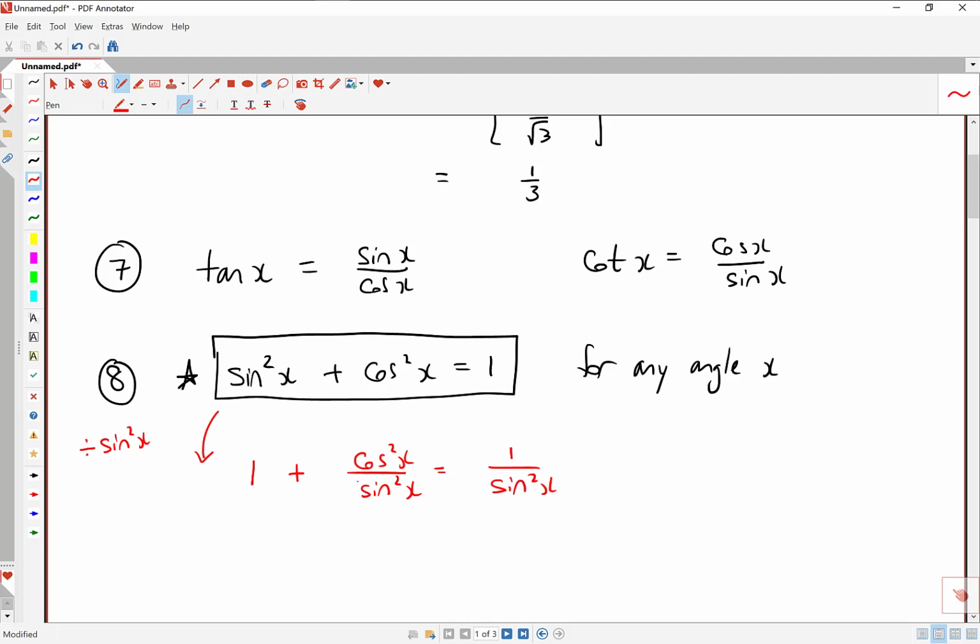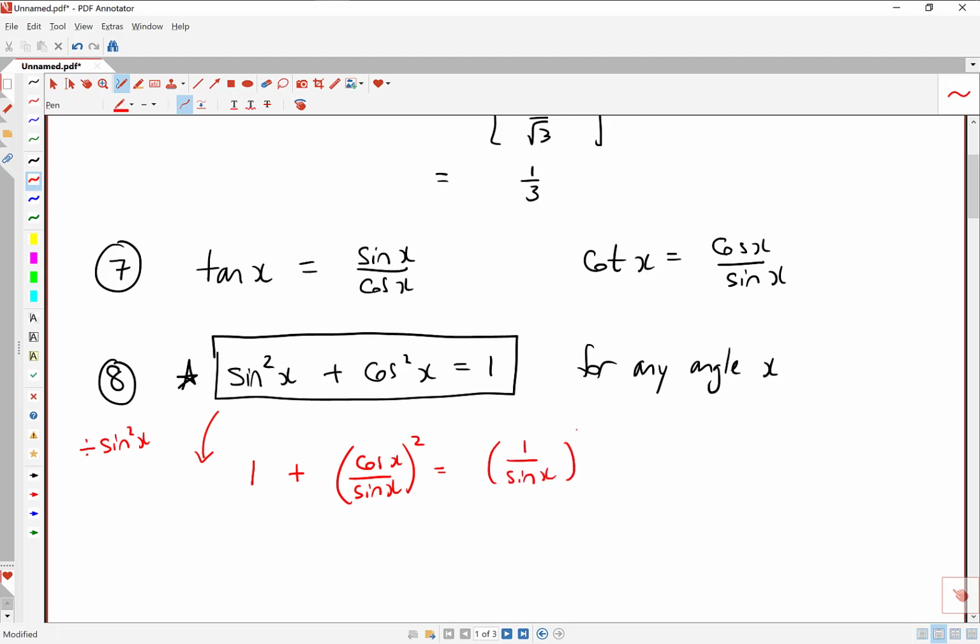Then we can do a little rewriting: cos squared x over sine squared x is just the square of cos x over sine x, and on the right side, we can think of this as the square of 1 over sine x.